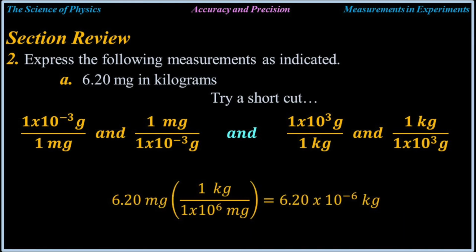So if you're going from milligrams to kilograms, it would be 10 to the 6 milligrams in a kilogram. So it would be 10 to the negative 6th is what you would get.